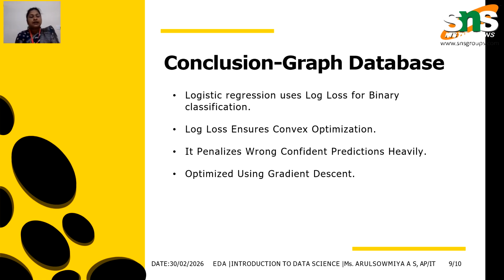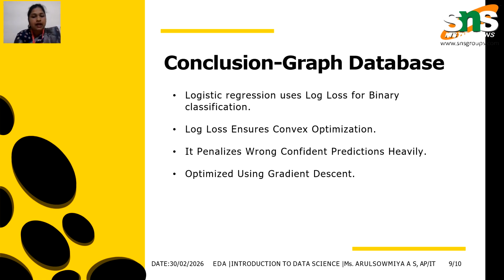Training involves finding the best weights and minimizing the loss function called log loss or cross entropy loss. This is usually done using optimization techniques like gradient descent. Logistic regression is popular because it is simple, fast and interpretable. We can understand how each feature influences the outcome by looking at the model coefficients.